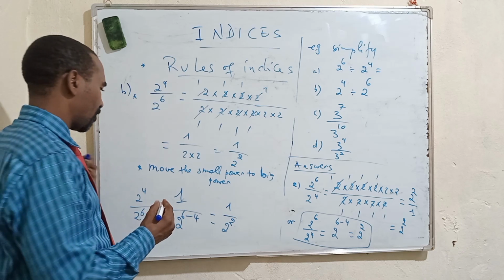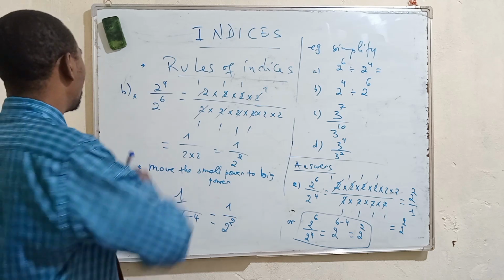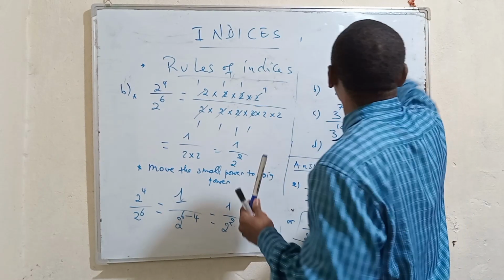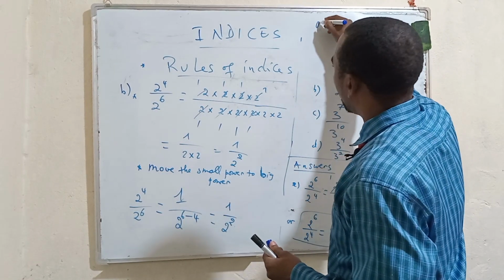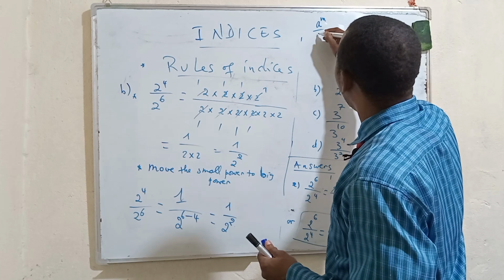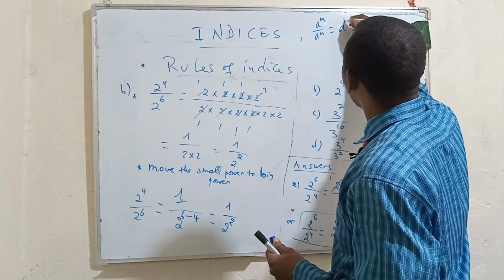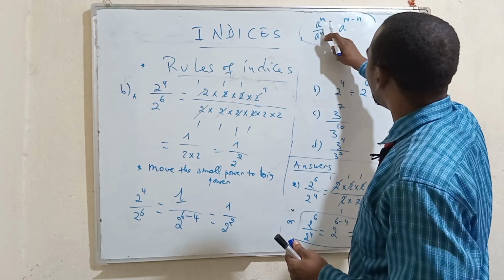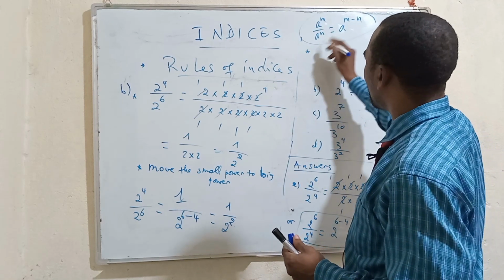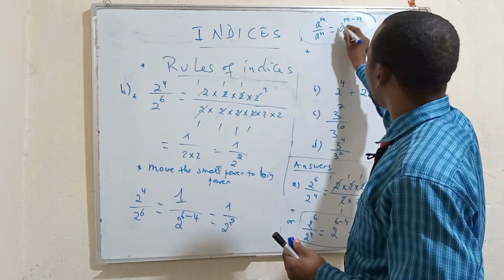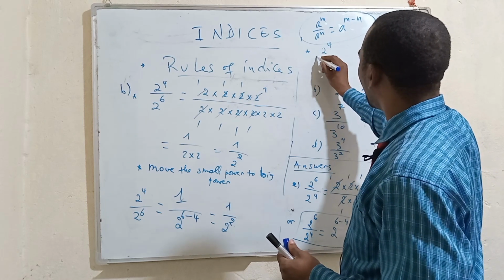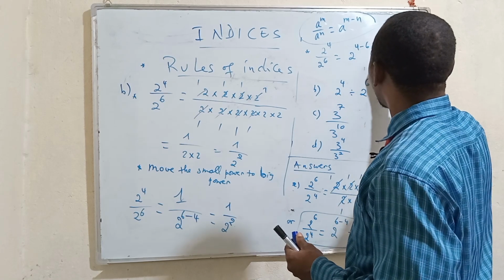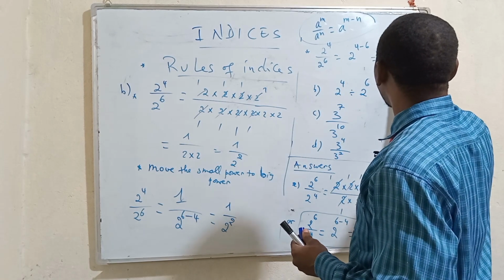But it is also possible to use the other property. Remember, the property is a power m over a power n is a power m minus n. You see, the property is moving the denominator power to the numerator. Still, you can use this formula: 2 power 4 over 2 power 6, you get 4 minus 6, which is 2 power negative 2.